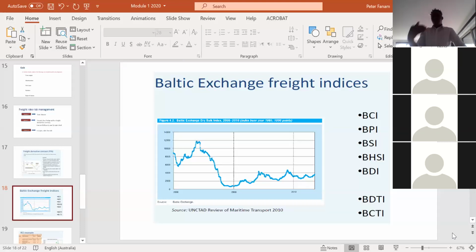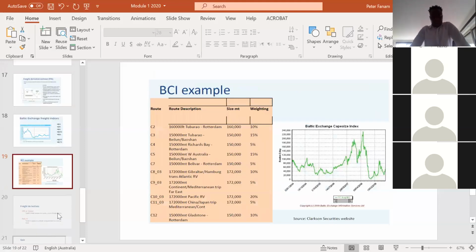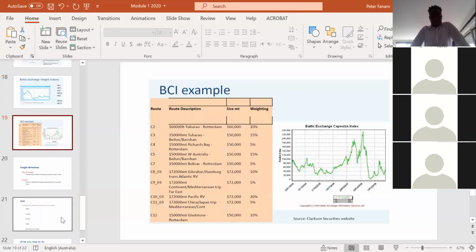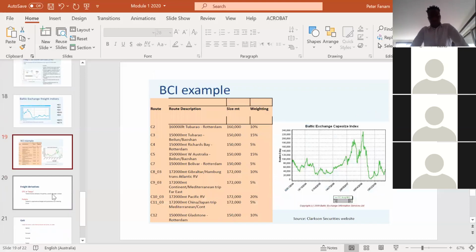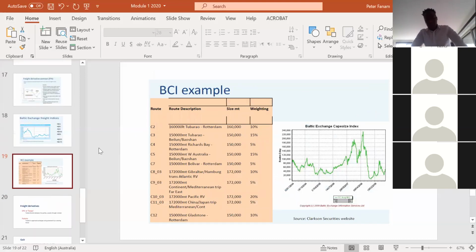We'll talk about these indices in detail in the subsequent modules as well, so don't worry too much about it. Our final slide for today's module is about how these indices are computed and run.